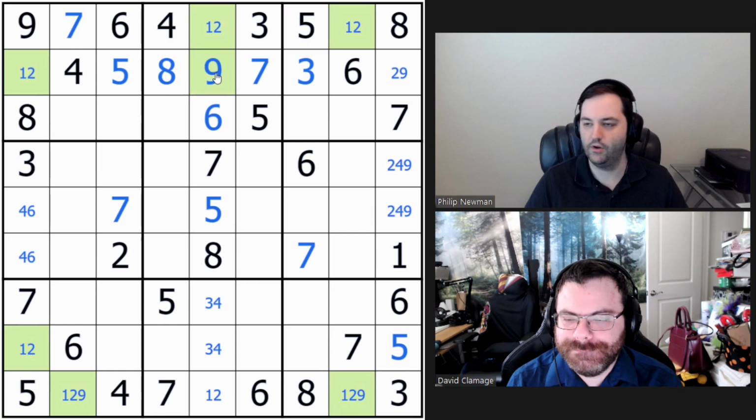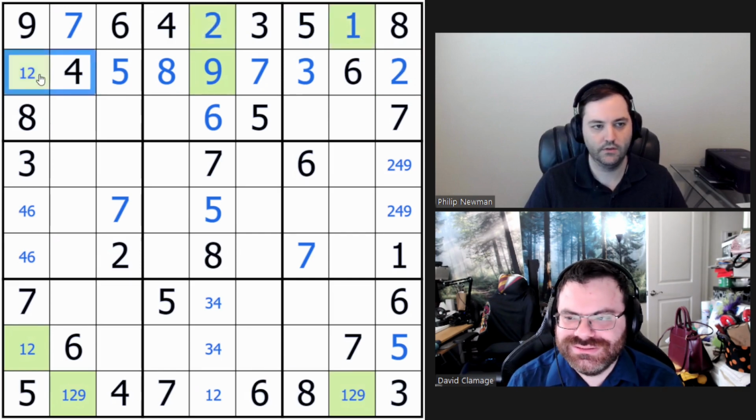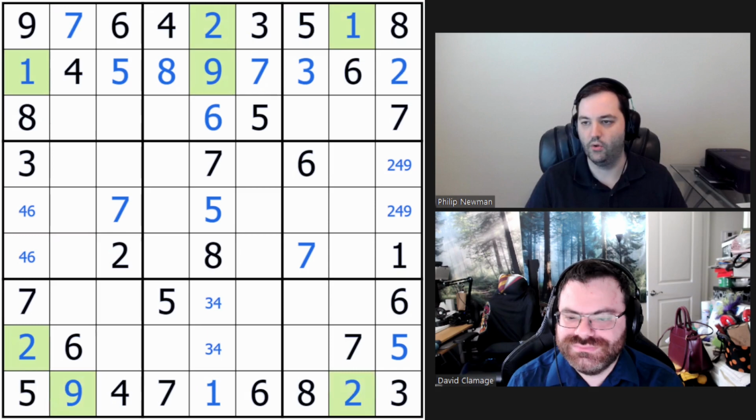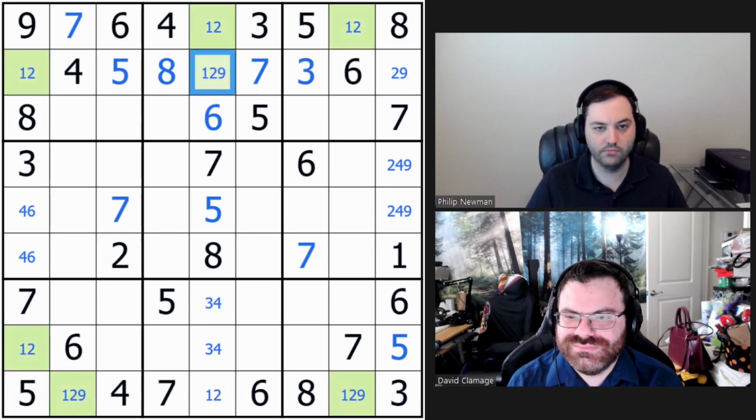But at the very least, we've shown that this is a 9, and you can see that puts a 2 there, and that resolves the whole pattern. 2, 1. There's our 9. There's our 2. So we just resolve the whole pattern. So it can be very powerful.